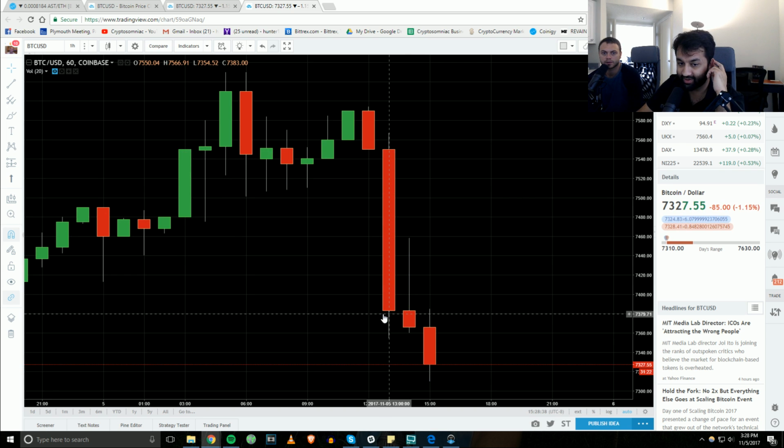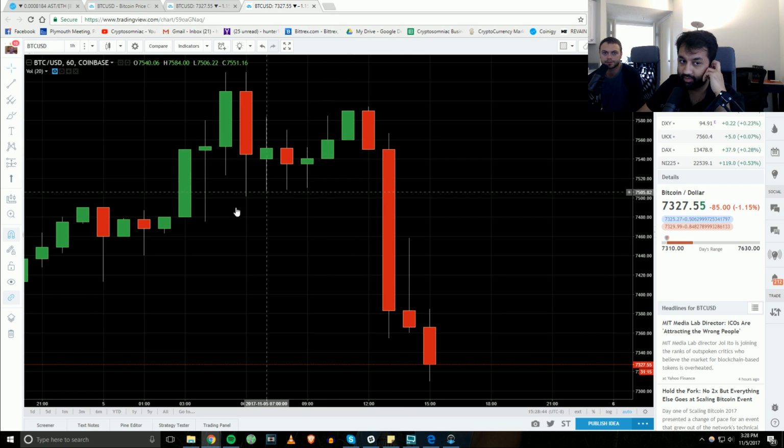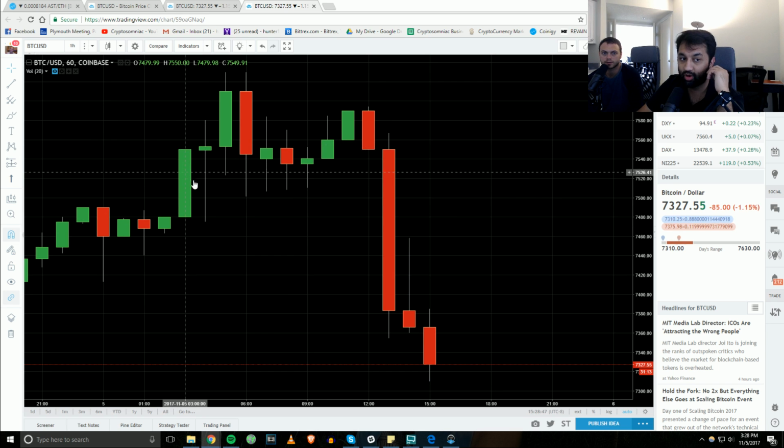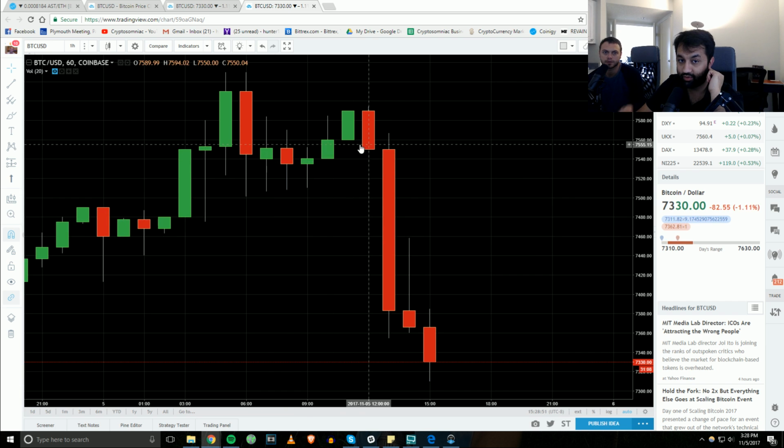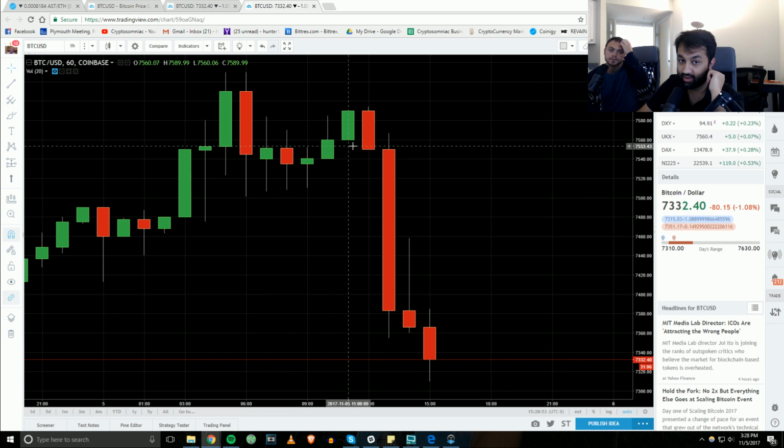So that's the open of the hour and that's the close of the hour. The green candle would be the opposite. Since there's upwards price movement, it opens on the bottom and closes on the top. For example, 2 hours before that, at 11 a.m. PST, it opened here and then closed here.